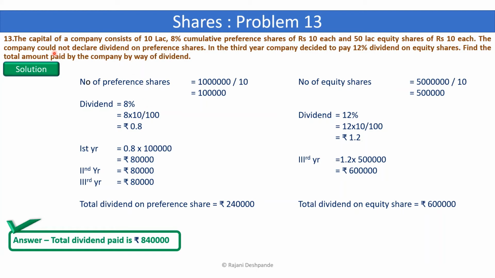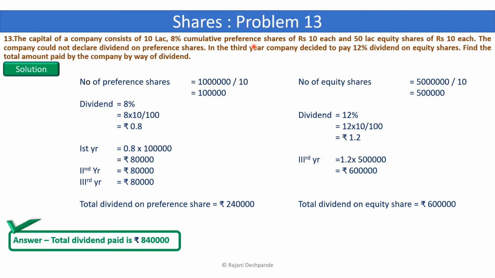But the company could not declare dividend on preference shares for the first 2 years, and in the third year the company decided to pay the dividend, which is 8%. So you know that the cumulative preference shareholders can claim the arrears of the previous dividend.